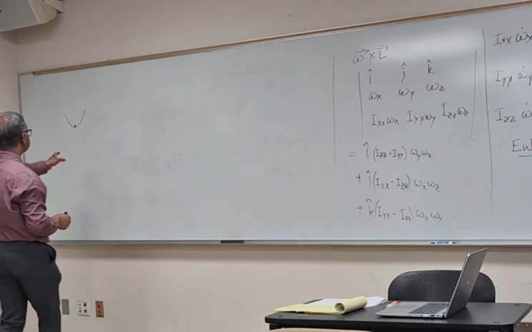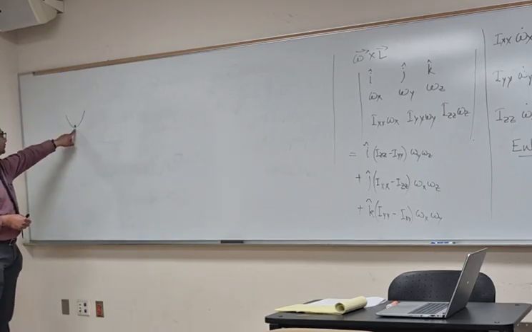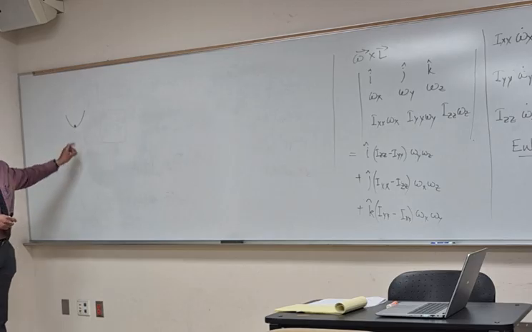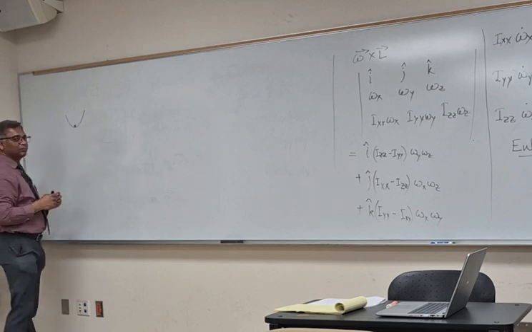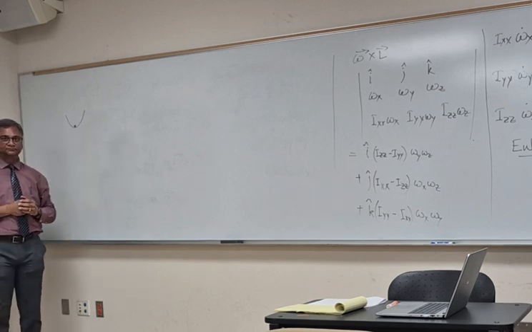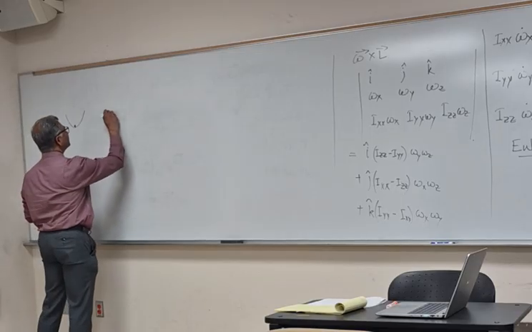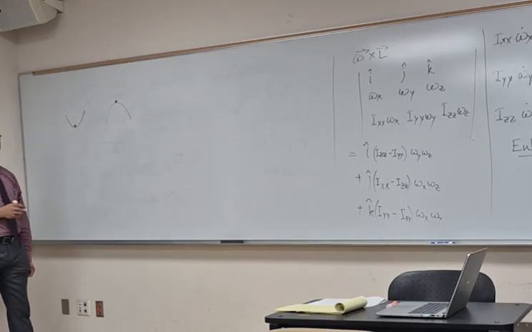So let us think about stability from a completely physical point of view. If you have a bowl like this and you have a steel ball here, is this configuration stable or unstable? Stable. What about this one? You have a hill and then there is a ball sitting there.